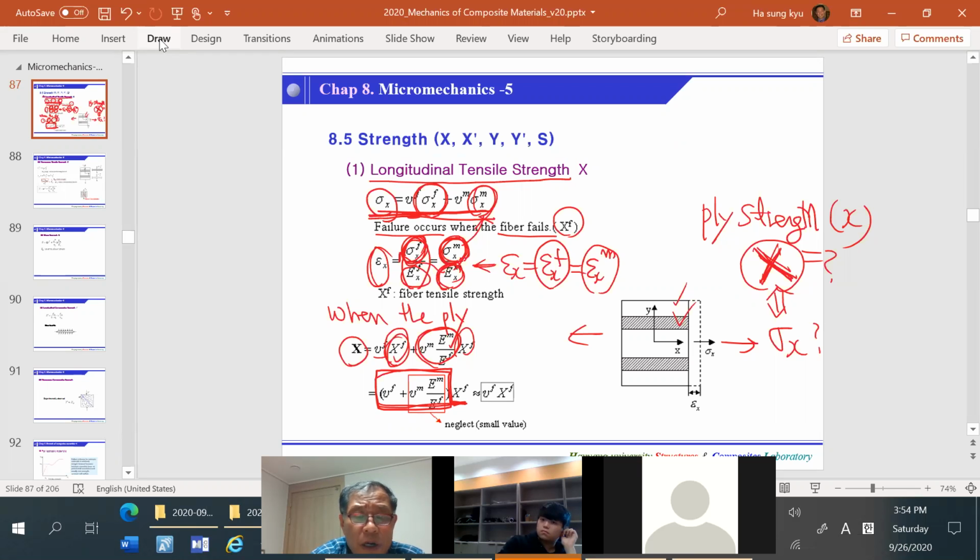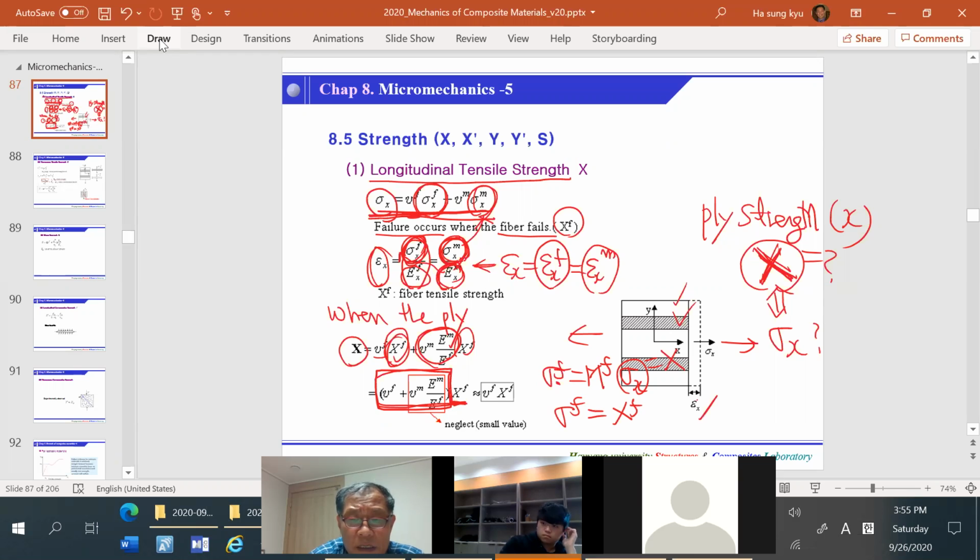of the ply in terms of fiber strength. But similarly, since we already know sigma x, sigma fiber, and mf sigma x, we can directly say sigma f reaches the fiber strength, then this xf will be x, right?